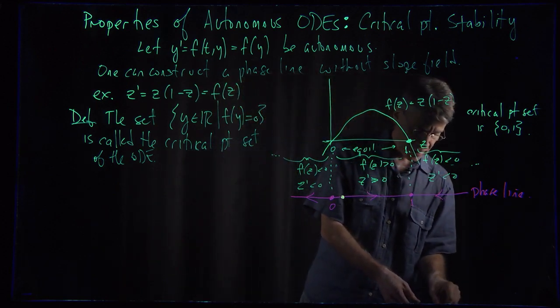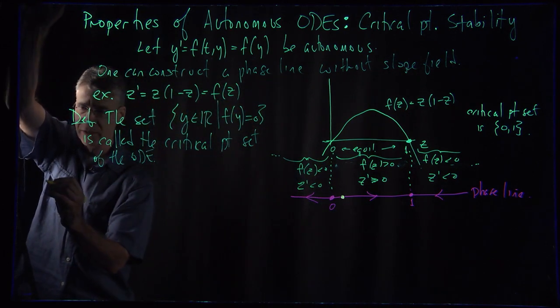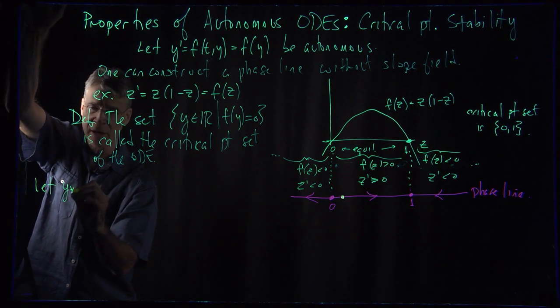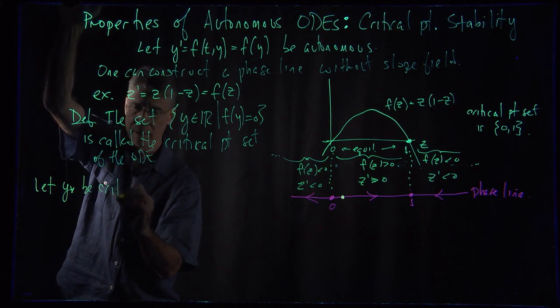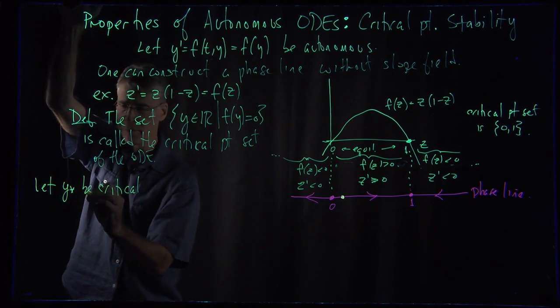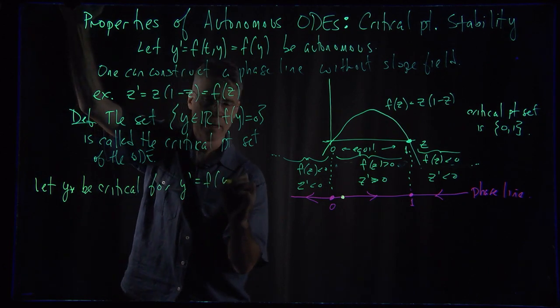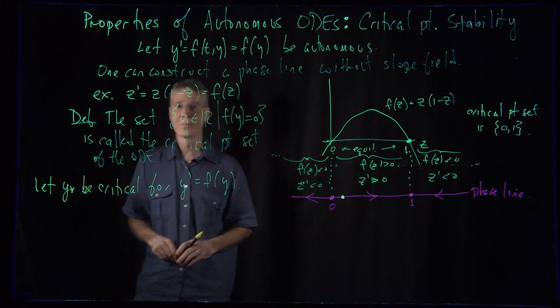So what can we say about these particular equilibria? And here's where things can get interesting. I want to basically get some sense for how this works. So let y star be critical for y prime equals f of y. So I have an autonomous differential equation.